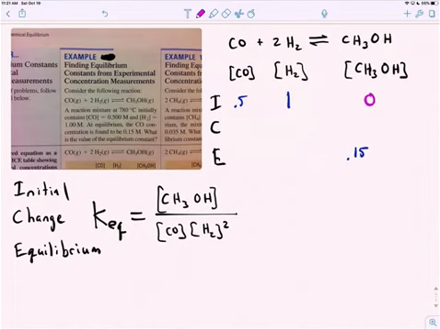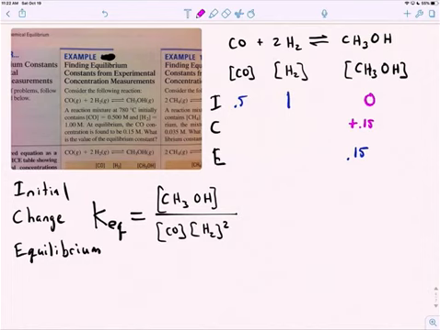Since it's not listed, it's 0. And if it goes from 0 to 0.15, that means this adds 0.15. So if methanol increases by 0.15, that means that our extent of reaction.